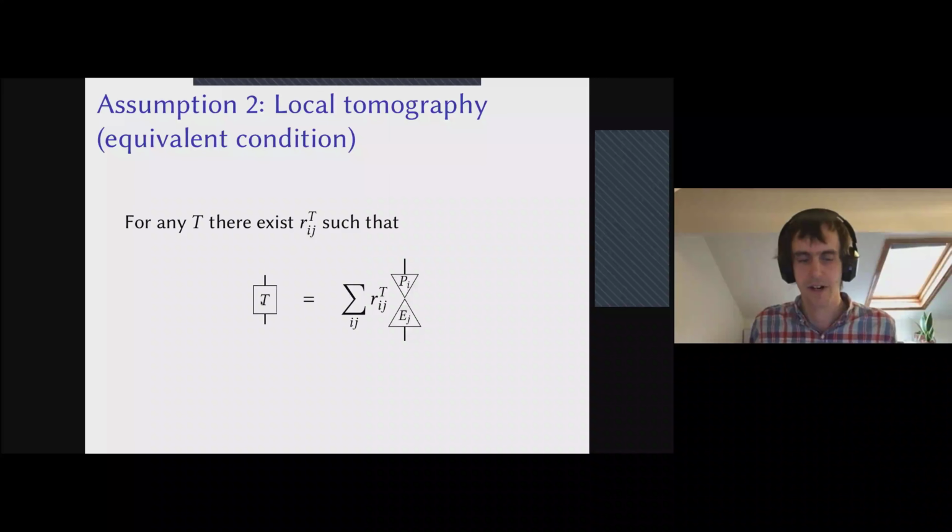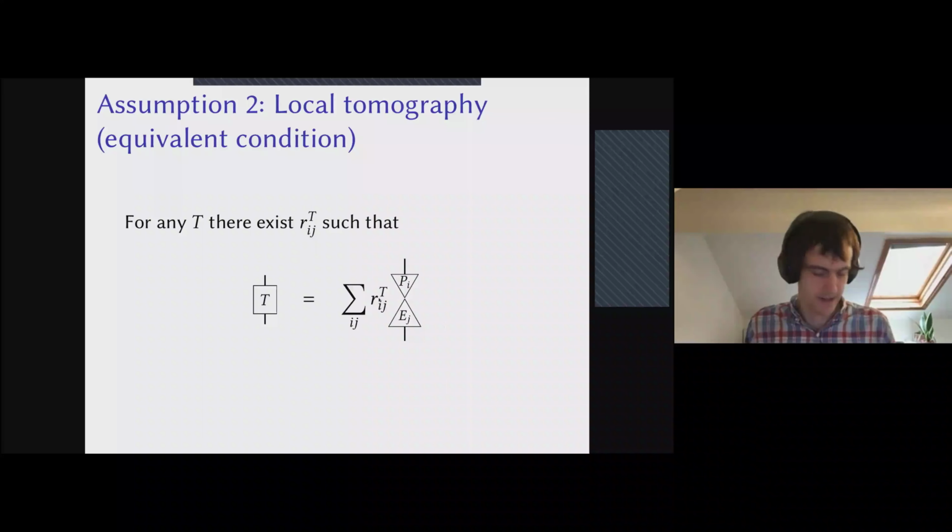Okay, and actually for our purposes, it's useful to have an equivalent formulation of local tomography, which is that any transformation can be written as a linear combination of these prepare and measure transformations that I talked about.